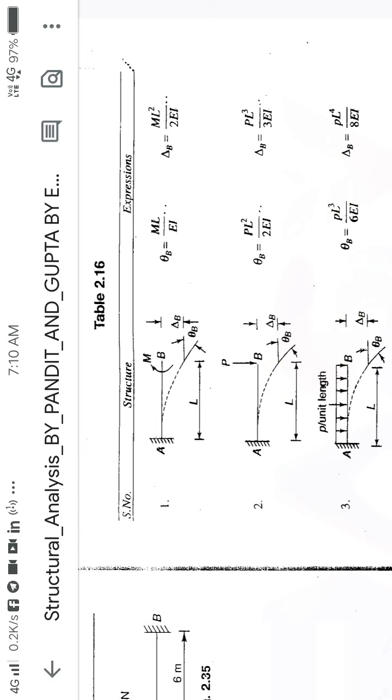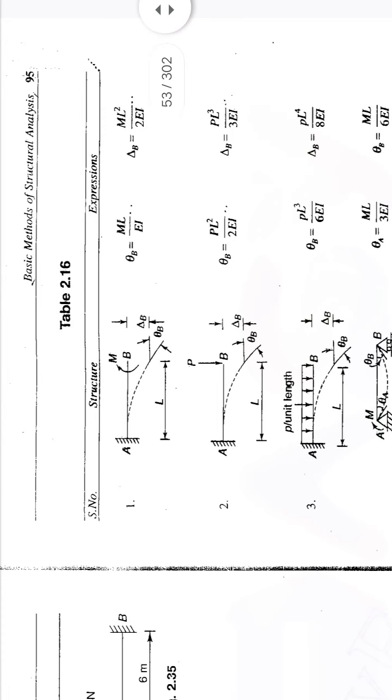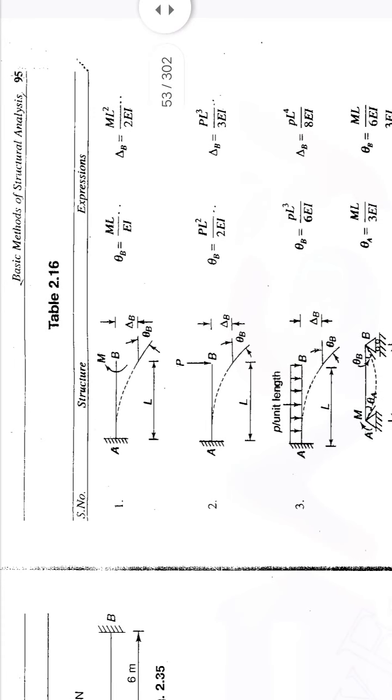If you have a cantilever beam, then what is the formula for theta value? These theta values are the slopes and delta values are the deflections which we consider with respect to the flexibility and stiffness matrix methods.